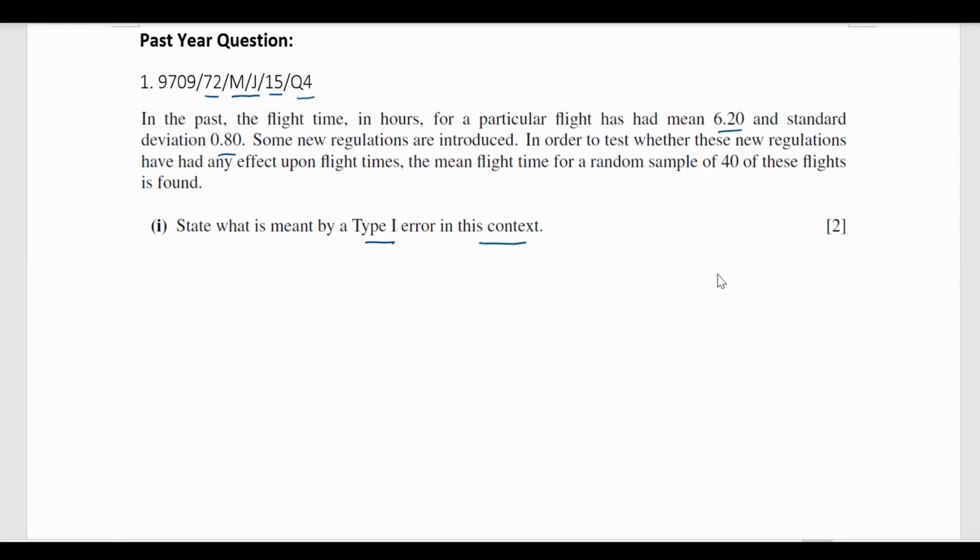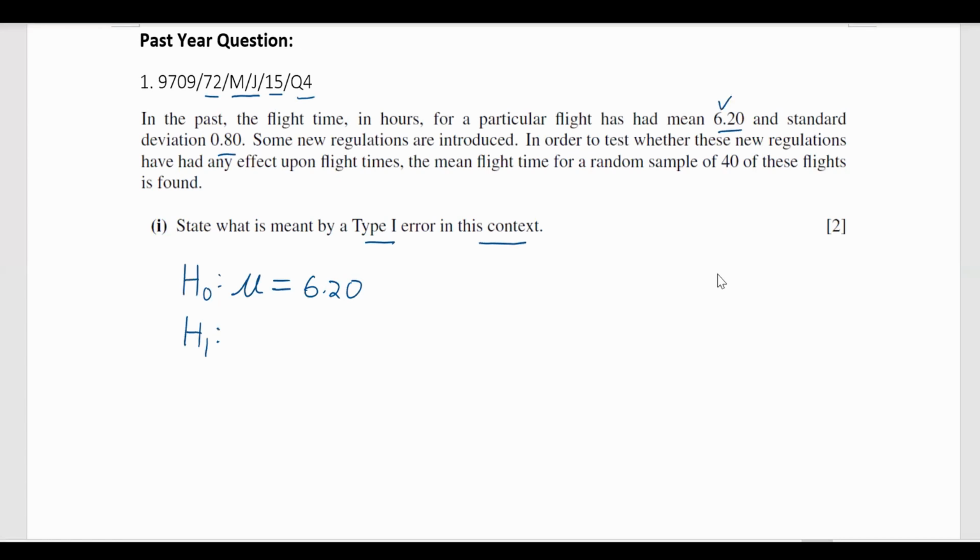Now, if we are going to carry out testing, we have to list down the hypotheses first. So according to the question, the mean, mu, should be equal to 6.2.